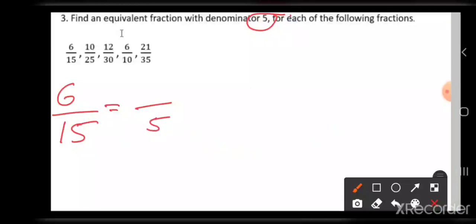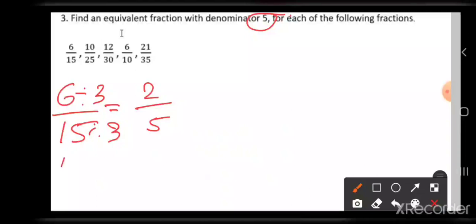Now here we use division because in the question the numbers are bigger and the answer numbers are smaller. 5 threes are 15. Divide the numerator also. 2 threes are 6.